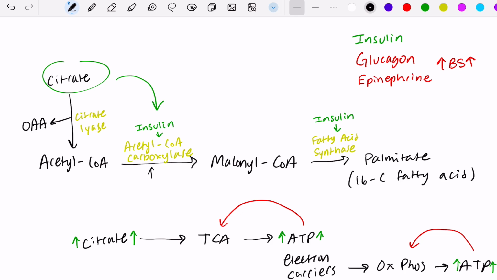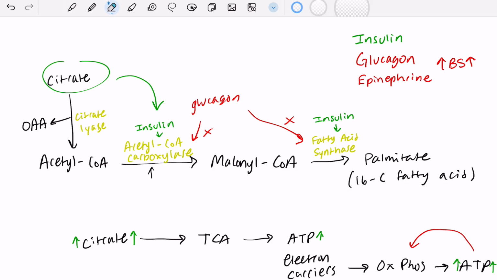Okay, so glucagon is going to inhibit these enzymes. You can think about this as if we don't have enough glucose, we're not going to be using glucose to store energy, right? We want to produce more glucose, so we've got to go the other way around, right?